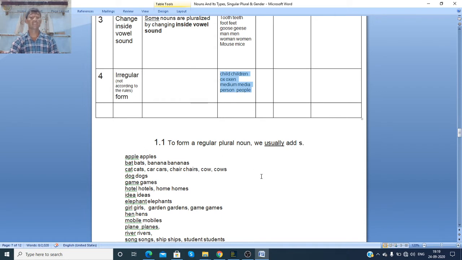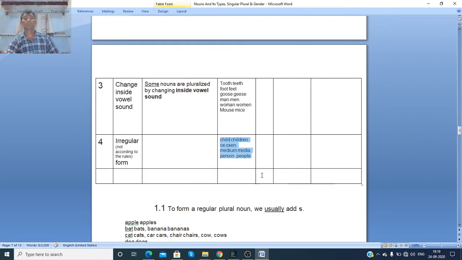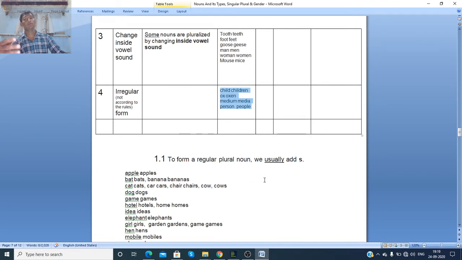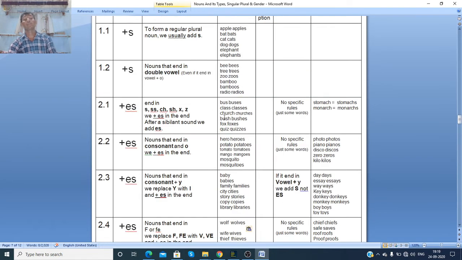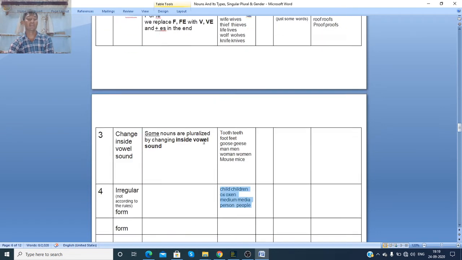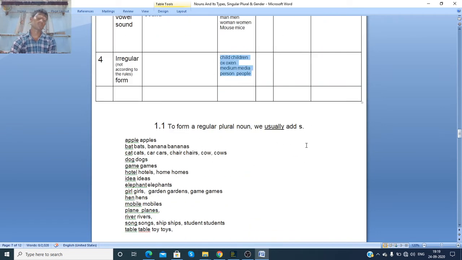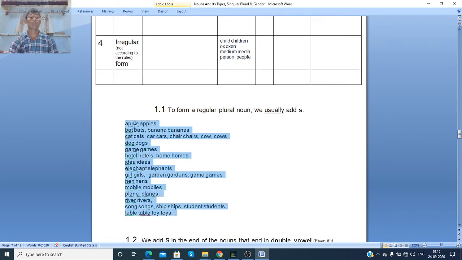Here I have mentioned them in detail, but these are just more examples. We needn't talk about the definition of rules in detail. They are just simple, as I have mentioned. There are so many words that are pluralized, so I have tried to put the most commonly used nouns in one place.